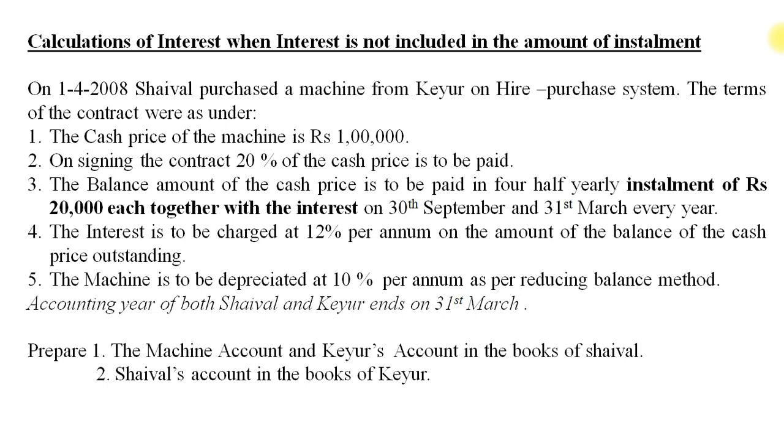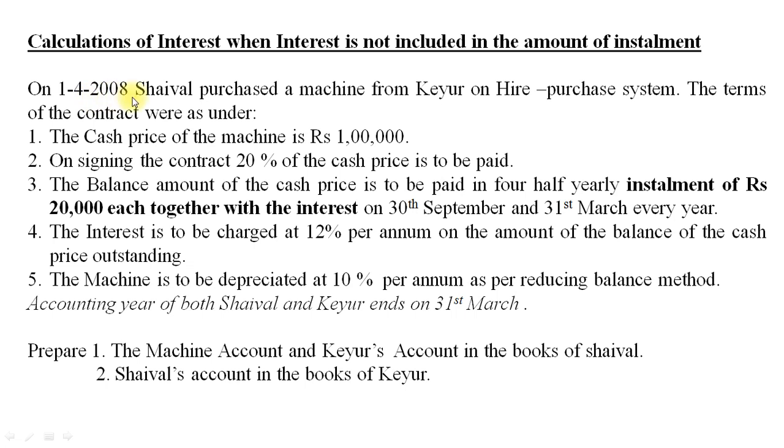As I have already mentioned in the previous video, installment means interest plus your principal outstanding, or you can say interest plus your balance of cash price. That is your installment. So in this method, installment is given but interest is not included. So we have to add it and find out the final installment. So let us see the question.